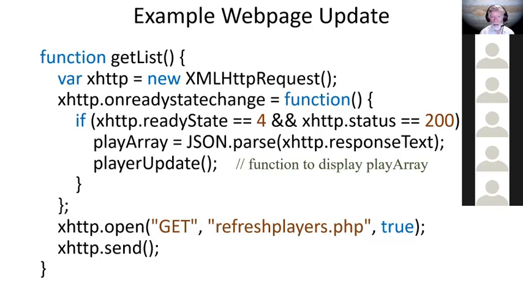You create it, tell it what to do when you're done, tell it what you want to do to get going, and then you say send, which does it all and sends the information over to the server. And in this case, gets the information back. Again, this is doing a GET. You can do PUTs or PATCHes or POSTs or whatever your favorite HTTP verb is.